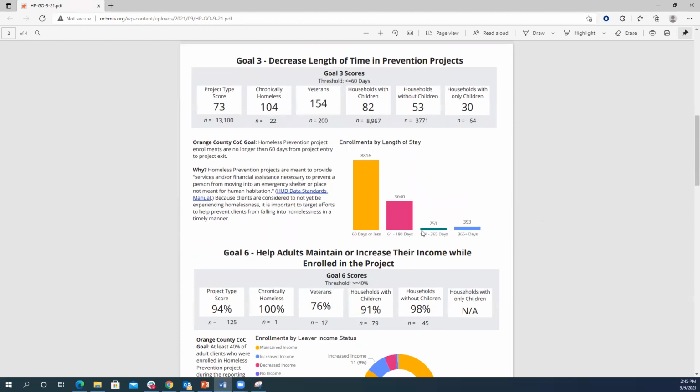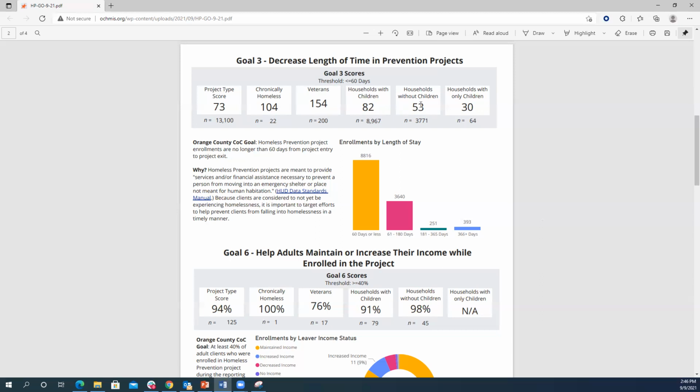All right, so diving into each measure a little bit, you can see the project type score is 73 days. So we're looking at how long clients are staying in prevention projects. The average is 73 days, and you can see the different subpopulations and how they're performing on this measure.